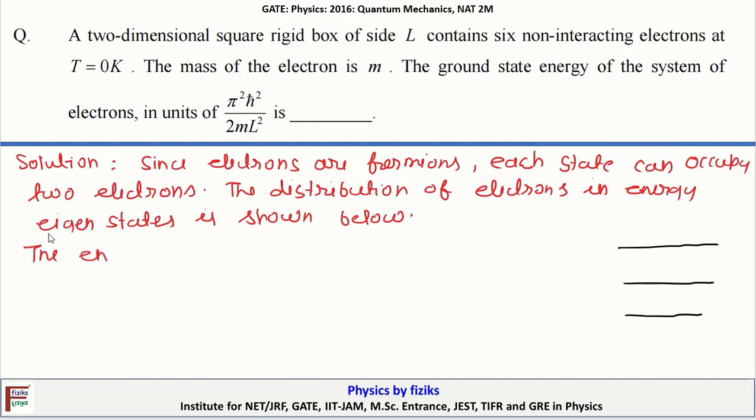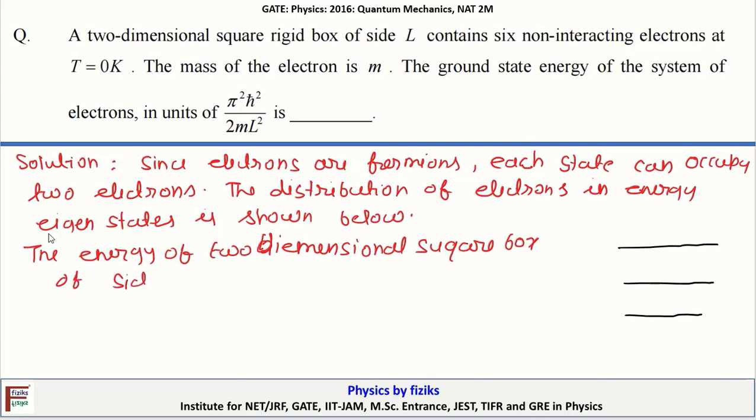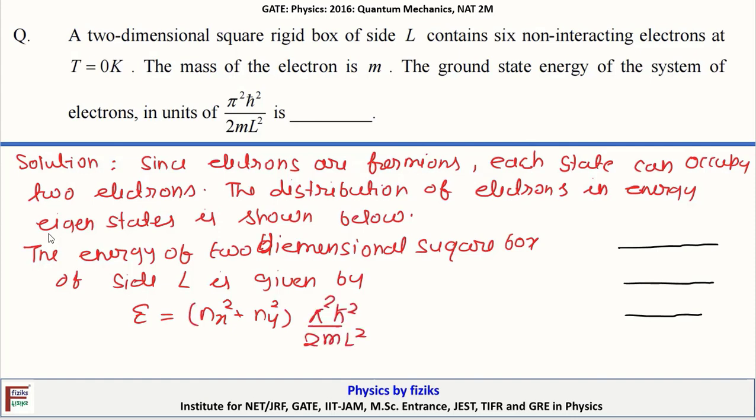The energy of a two-dimensional square box of side L is given by E = (nx² + ny²) π²ħ²/(2mL²).